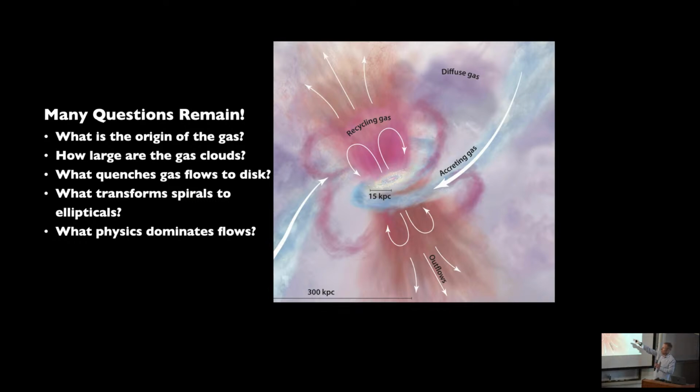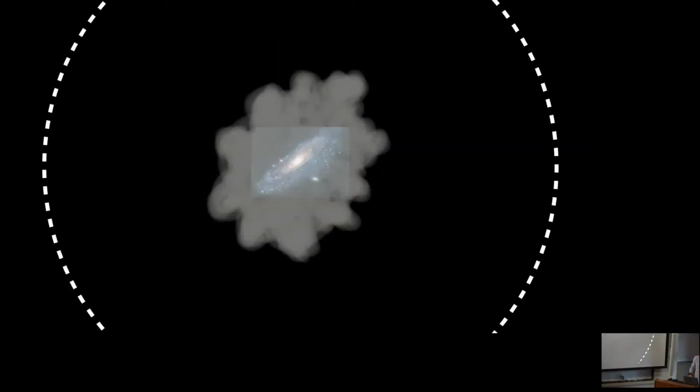But a lot of questions still remain: what's the dominant origin of the material, what's the distribution of cool gas relative to hot gas in terms of the size of the structures, is it in thermal equilibrium, and most importantly, what transforms some galaxies into spirals or into ellipticals, based on the flow or quenching of gas through this medium into the star-forming portion of the galactic disk.